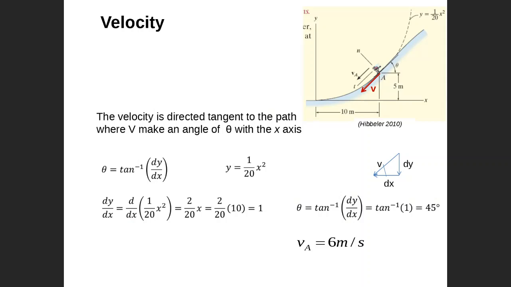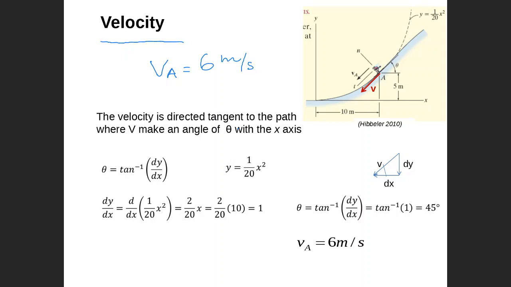Velocity is tangent to the path. Magnitude of velocity is given. It is 6 meters per second. Our objective is to find the direction of velocity with respect to horizontal.